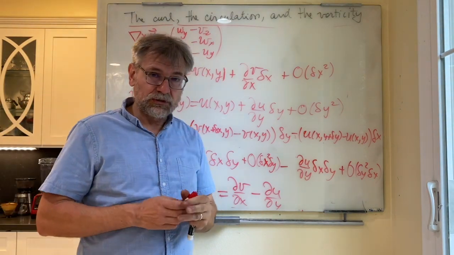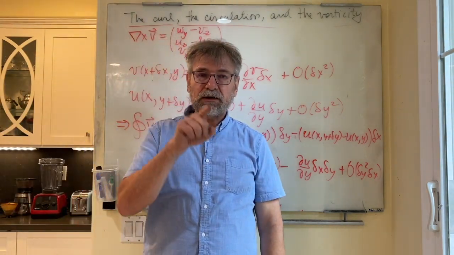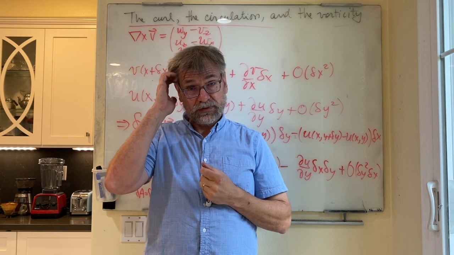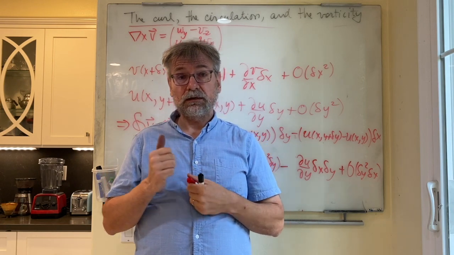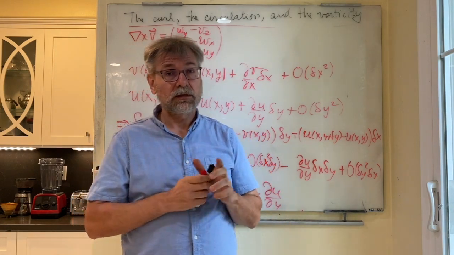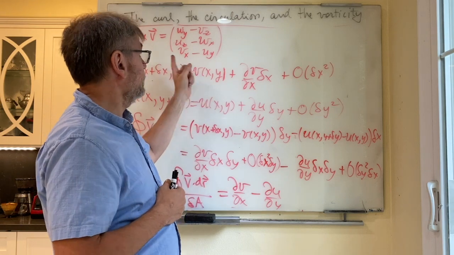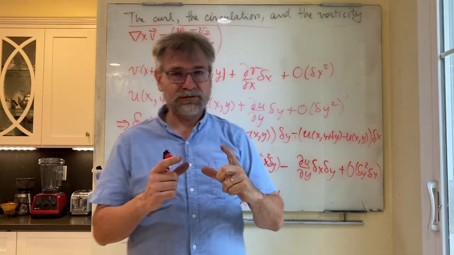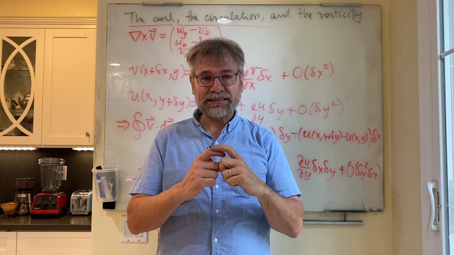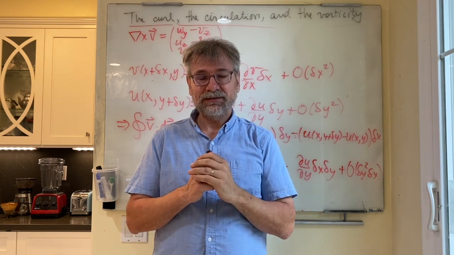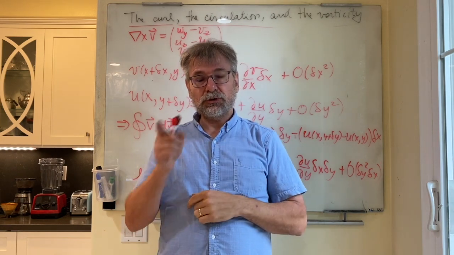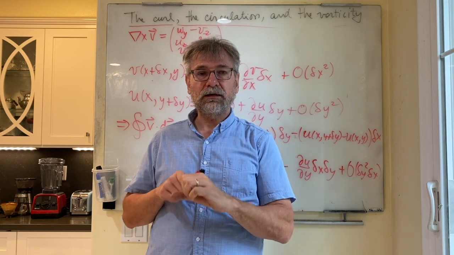So the circulation per unit area around a small patch defines the curl. Let me say it again. The vorticity at a point is the circulation per unit area around the little frame.